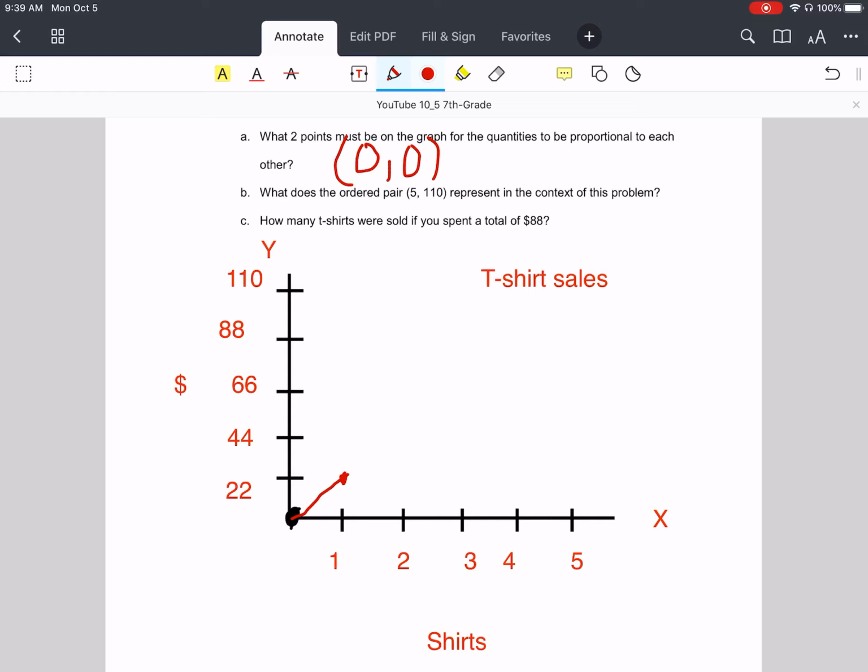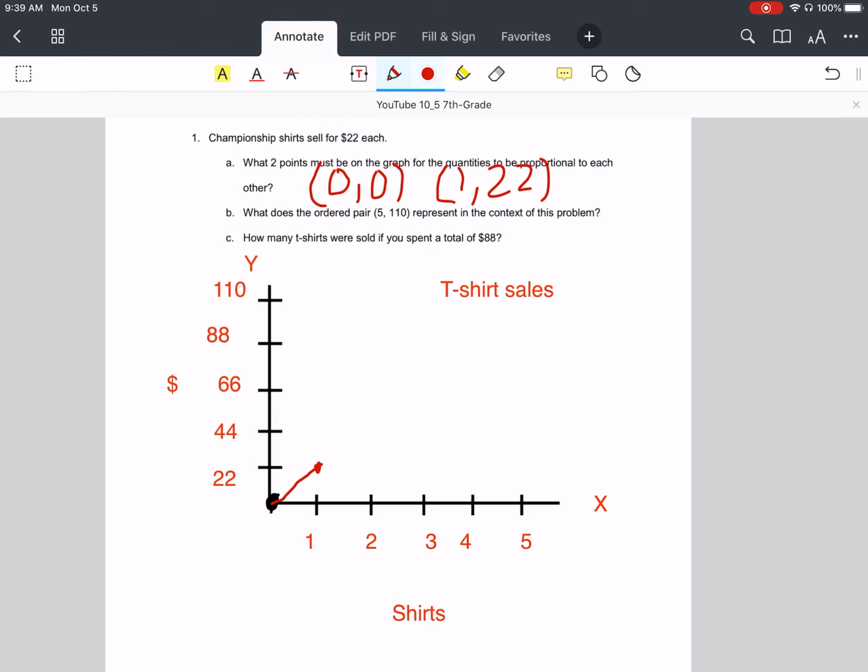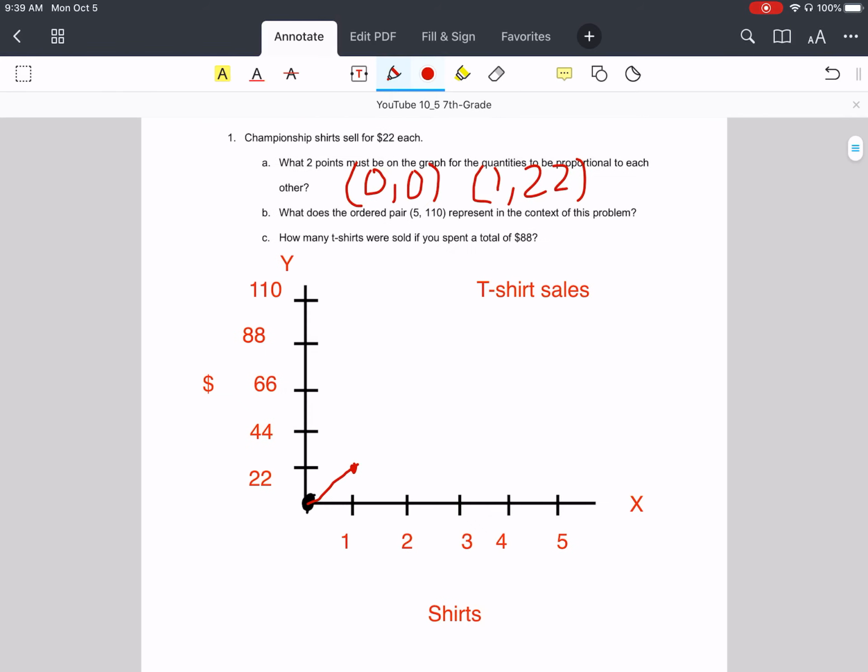So the first point would be 0, 0, and the next point would need to be one t-shirt for $22. And those are the 2 points that must be on the graph for the quantities to be proportional, because we need to have our origin and we need to go through a straight line.